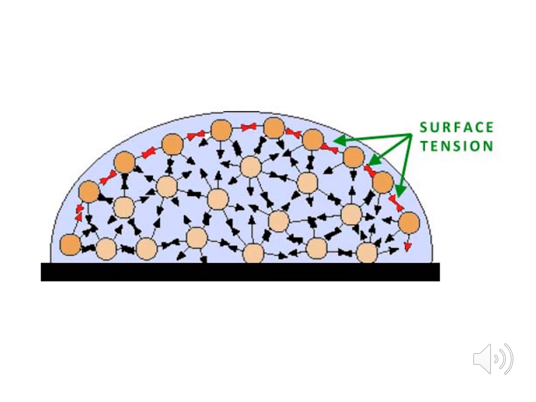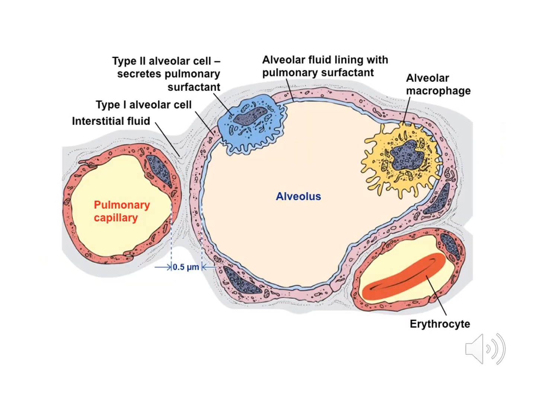Now, maybe you're wondering what that has to do with your alveoli. Notice that there's a thin film of liquid that lines that alveolus, and the attraction between the molecules on the surface of that liquid make those molecules want to get as close together as possible. And as those molecules try to get close together, it kind of starts pulling the alveoli shut.